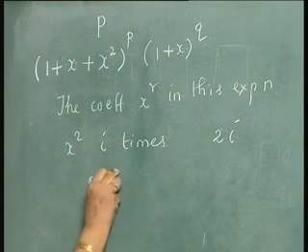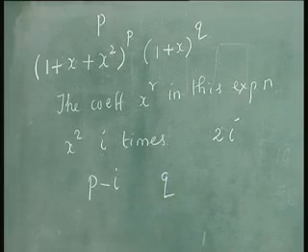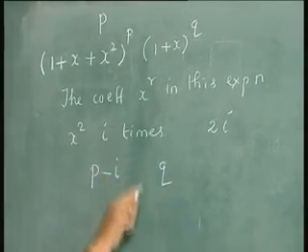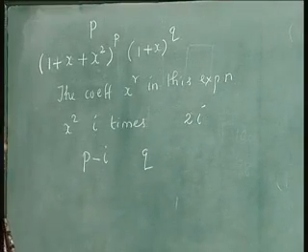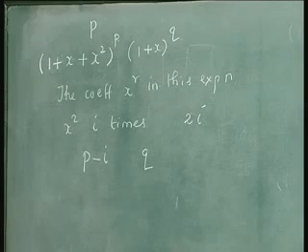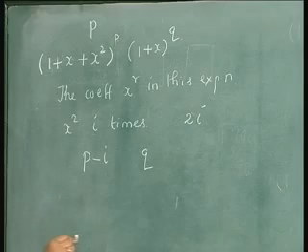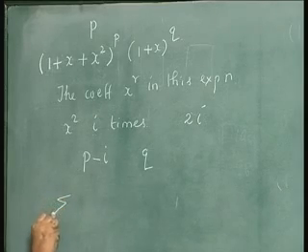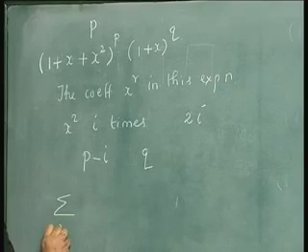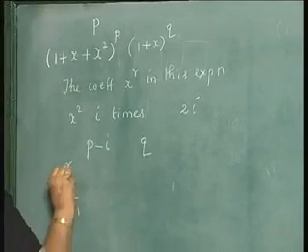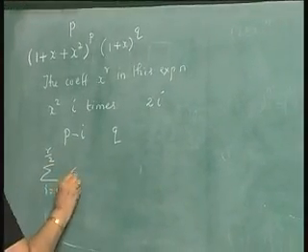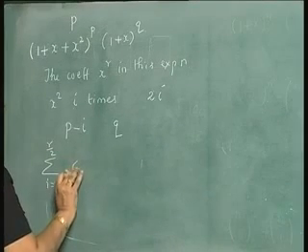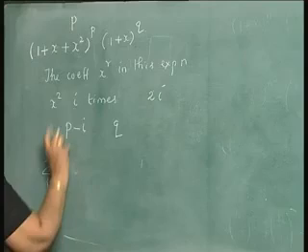So the idea is, sigma i is equal to 1 to r by 2, from these p factors you have to select i, and from the remaining p minus i plus q factors, that is p plus q minus i factors, you have to select the rest.